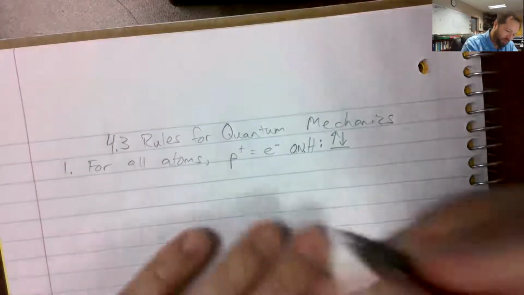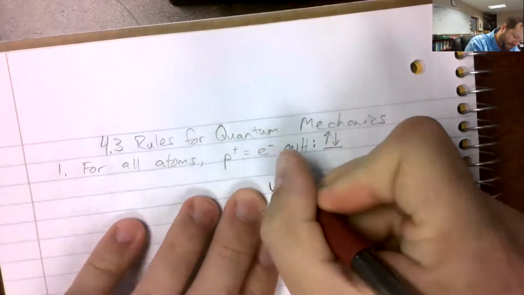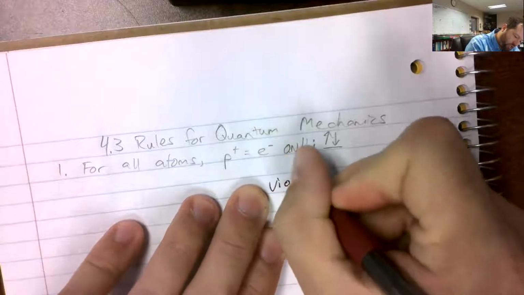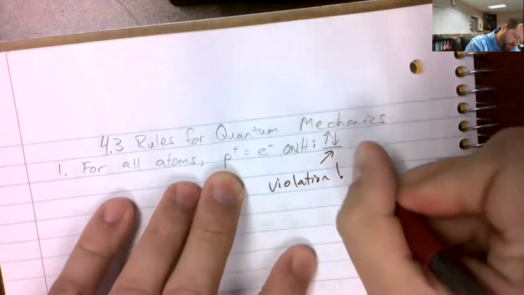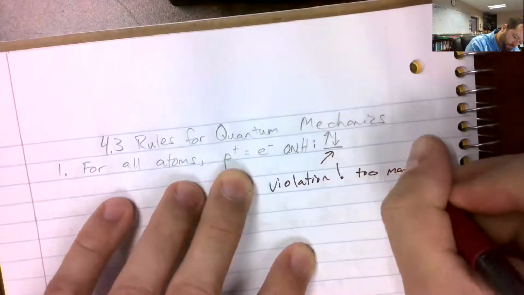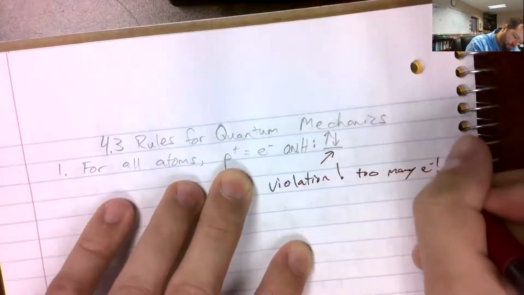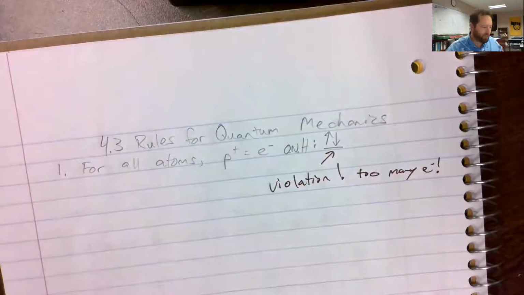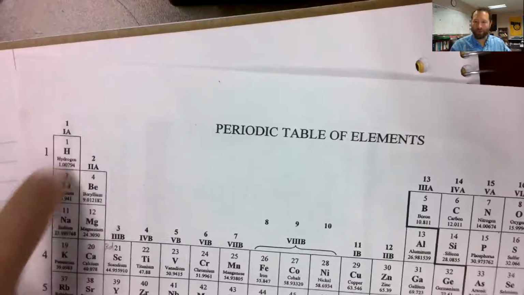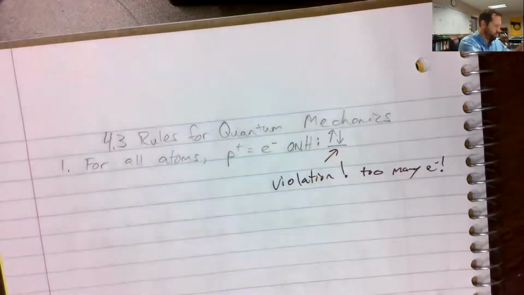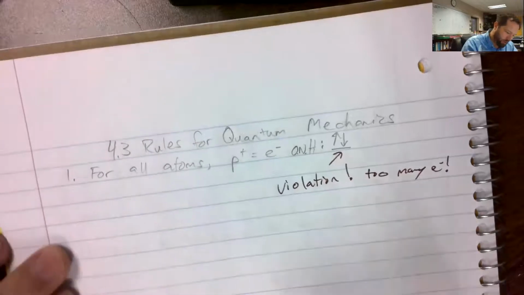And hopefully you are recognizing that as a violation. Too many electrons. Hydrogen, atomic number 1, only has 1 electron. So this is too many electrons. All right, so that's rule 1.